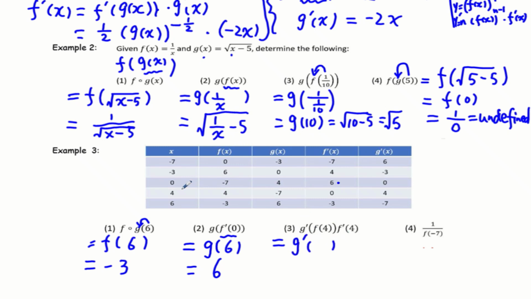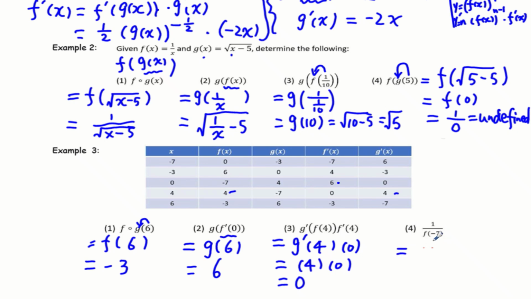So f of x, with input 4, is 4. And f prime of x, with input 4, is 0. So g prime of 4 is 4. Then times 0 gives you 0. So we just play with input output.